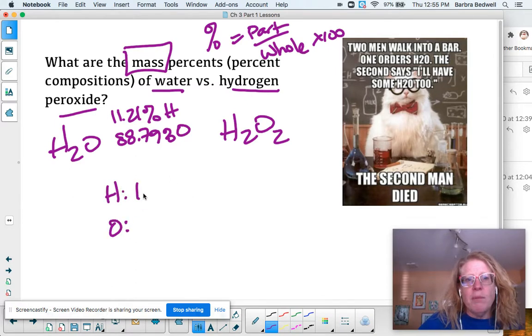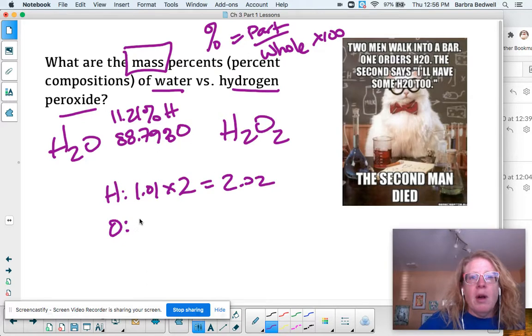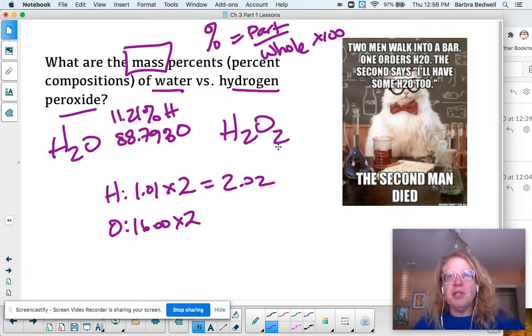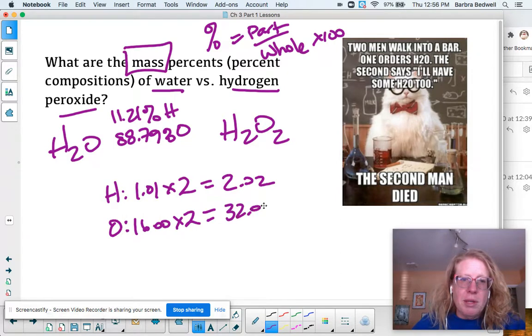Hydrogen is 1.01 grams per mole, and there are 2 hydrogens present in this particular compound. That's 2.02. Oxygen is 16 grams per mole, and there are 2 oxygens in each of these molecules. Or if we had a mole of molecules, we would have 2 times that many. So that is 32.00.